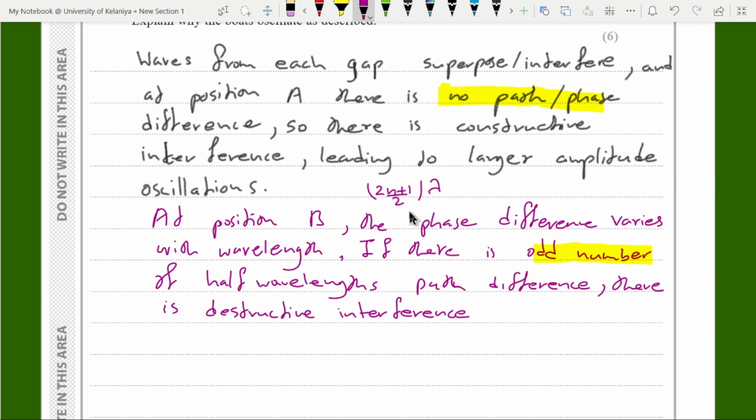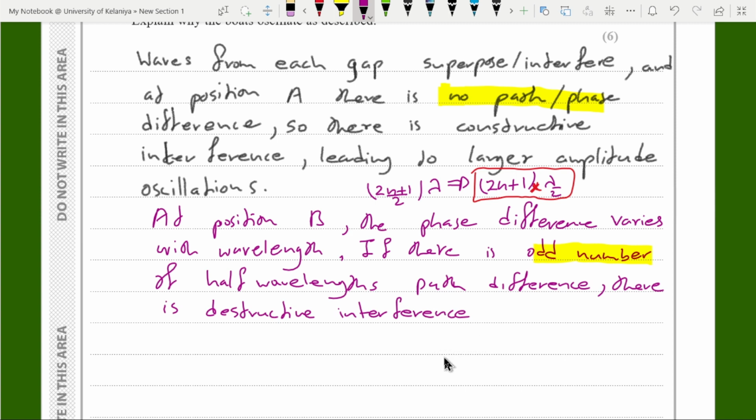Is my point clear? If you read it as 2n plus 1 times lambda over 2, you can write it as an odd number of half wavelengths, and that is the condition for destructive interference. That's why they have written that if there is an odd number of half wavelengths path difference, there is destructive interference.